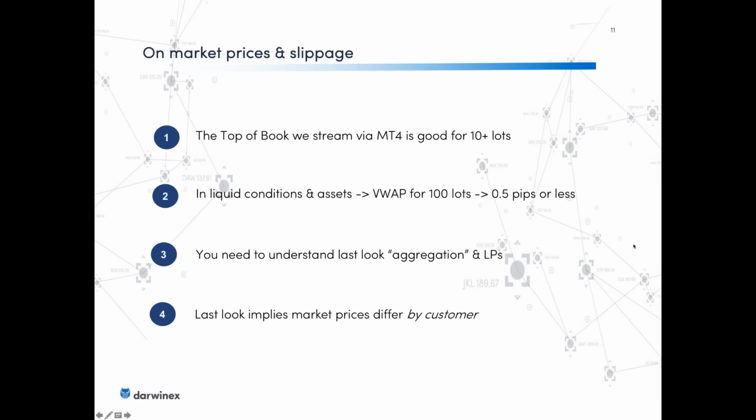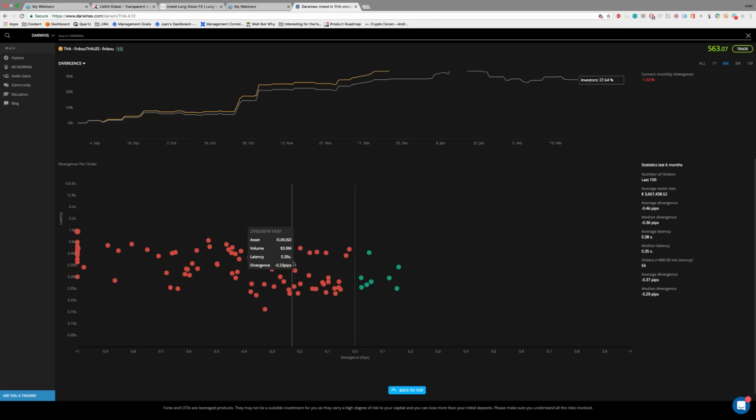Marcus is asking me about 10 plus lots. 10 lots means about a million of nominal. A lot is 100,000 of the base currency. So in the euro dollar, it would be like $1 million. 100 lots would be $10 million. And you can check when you go back to the interface, you can see how much volume each trade was on your Darwin.